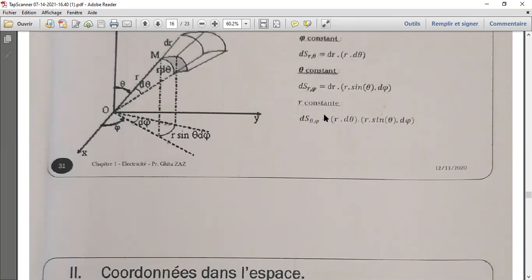Most of the time, they can tell you that R is constant, or they just write radian R, which means it's constant. But for the others, like the phi and the theta, they always specify that the theta is constant, the phi is constant.